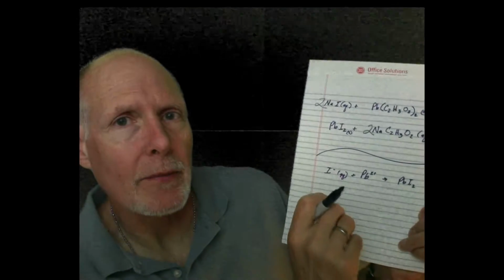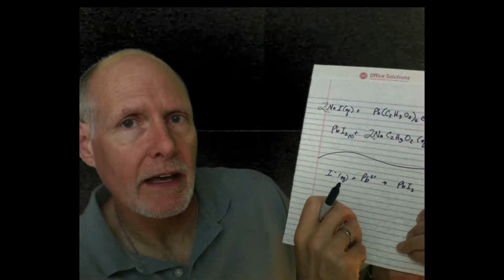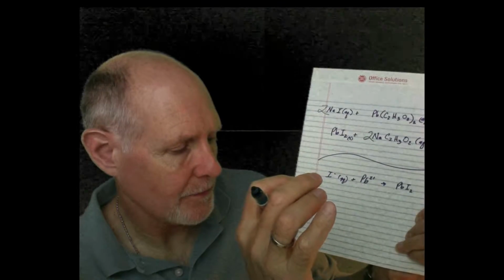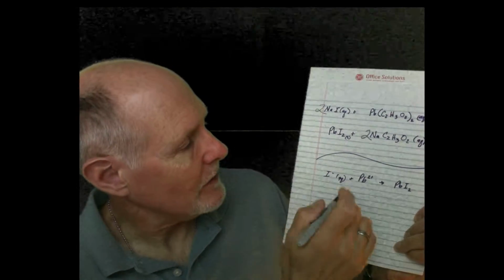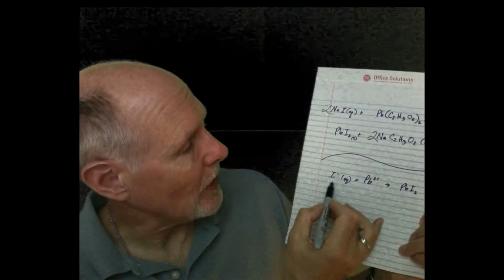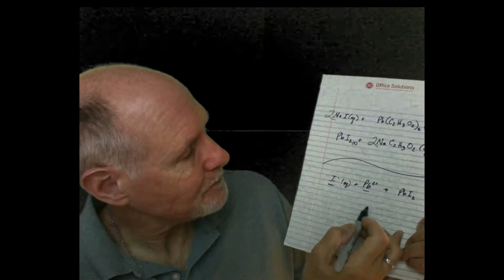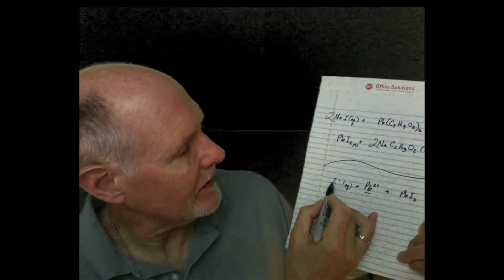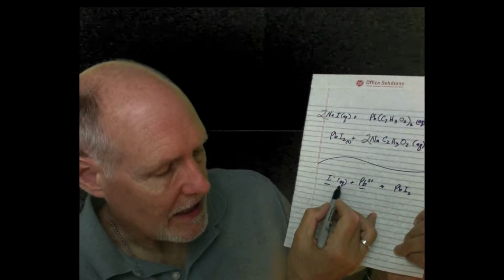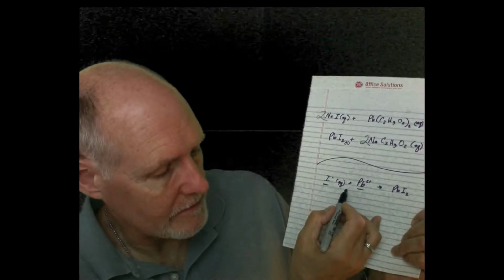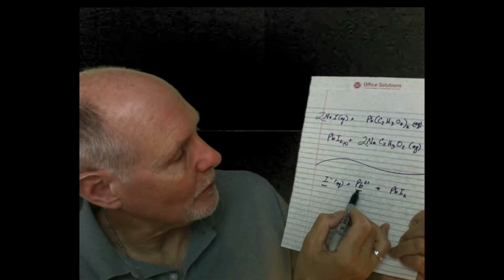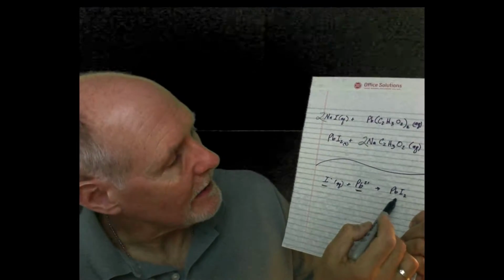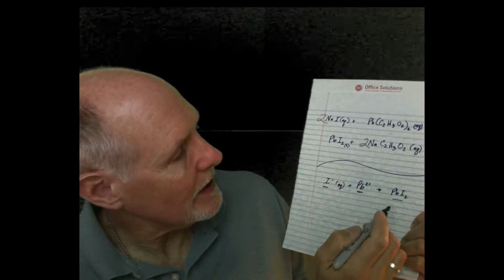The other half of that problem asked you to identify the ionic net equation. So the ions themselves are the iodine and the lead. In this case, the iodine is aqueous, and the lead over here would actually be a solid, and you end up with lead iodine over here.